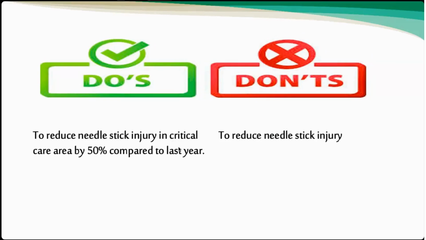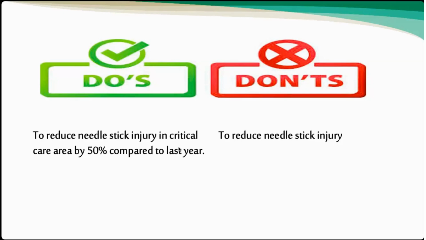The next example: to reduce needle stick injury in critical care areas by 50% compared to last year. So it depends on our last year's rate. We should decrease it or reduce it by 50%. So this objective is for the year 2025.